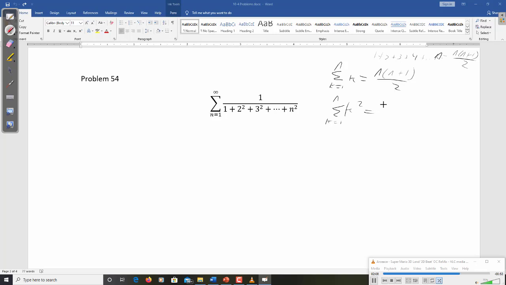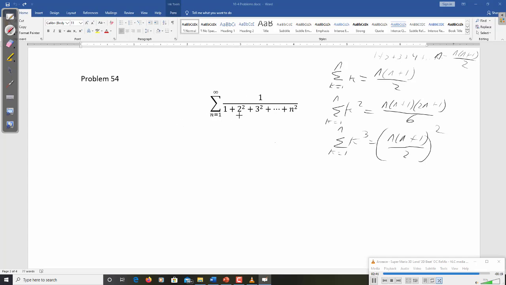This would be n times n plus 1 times 2n plus 1 over 6. There's also one for cubes. The sum from k equals 1 up to n of k cubed is n times n plus 1 over 2, squared.